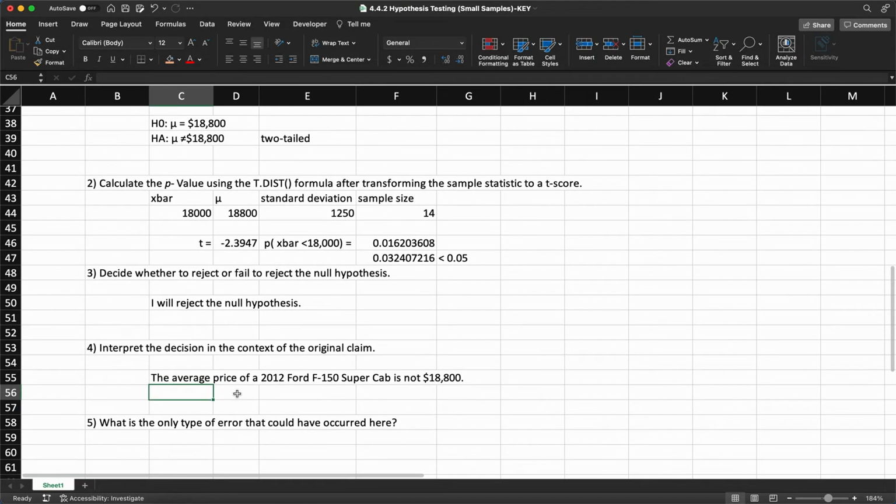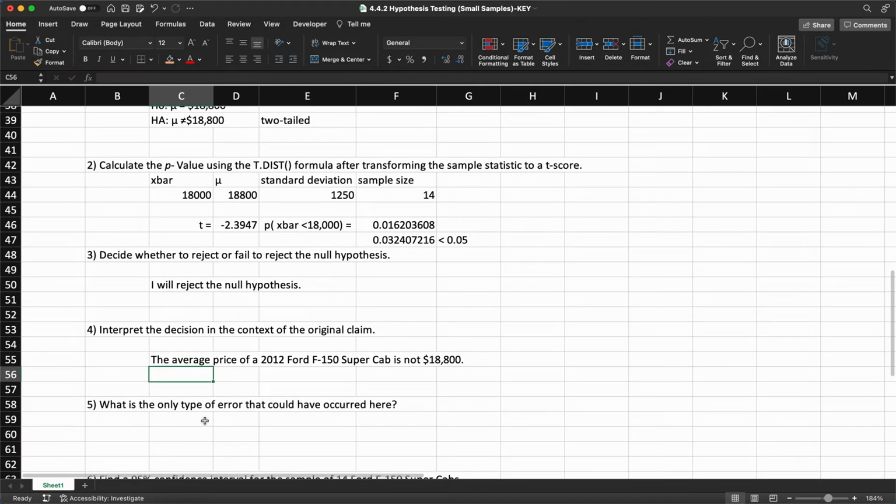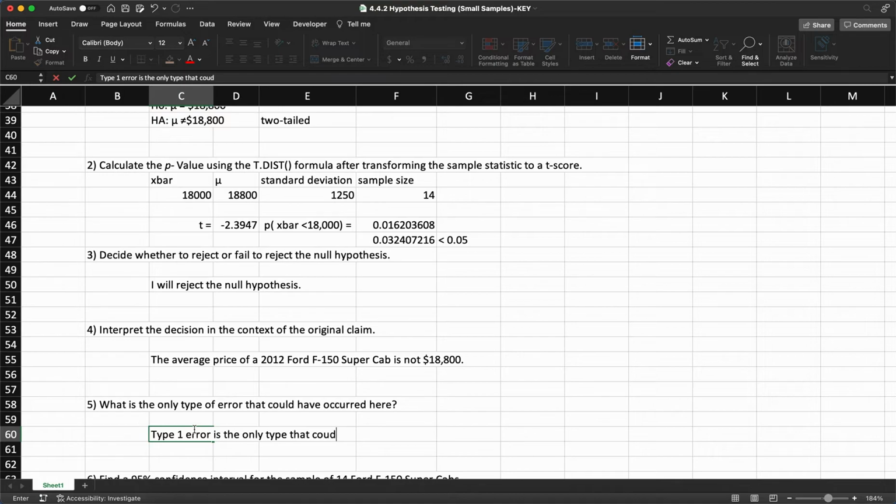That's what it means. What's the only type of error that could have occurred here? Well, since we rejected the null hypothesis, a type 1 error is the only type that could occur.